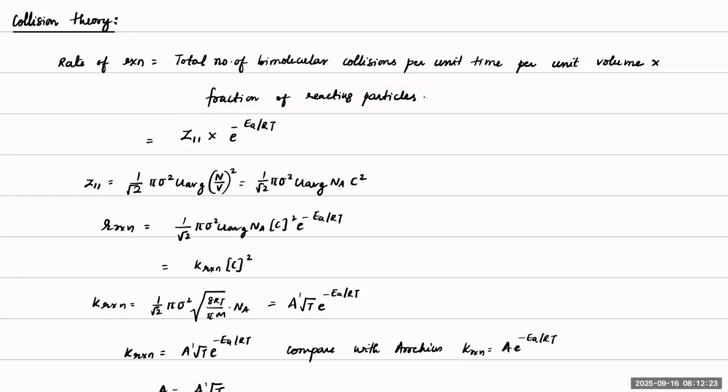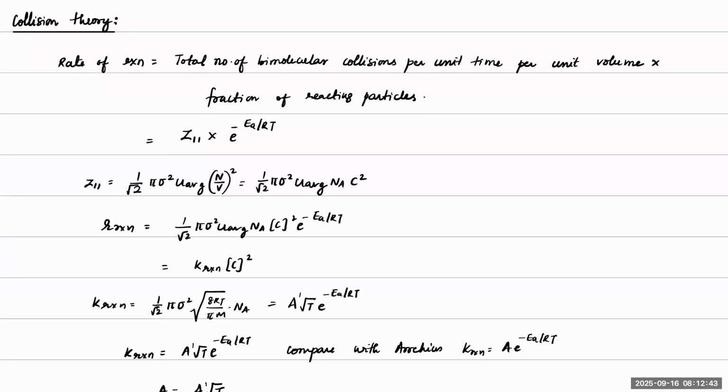For instance, Z11 is the total number of bimolecular collisions, and e raised to the power of minus Ea by RT is the fraction of particles crossing the energy barrier to form products.